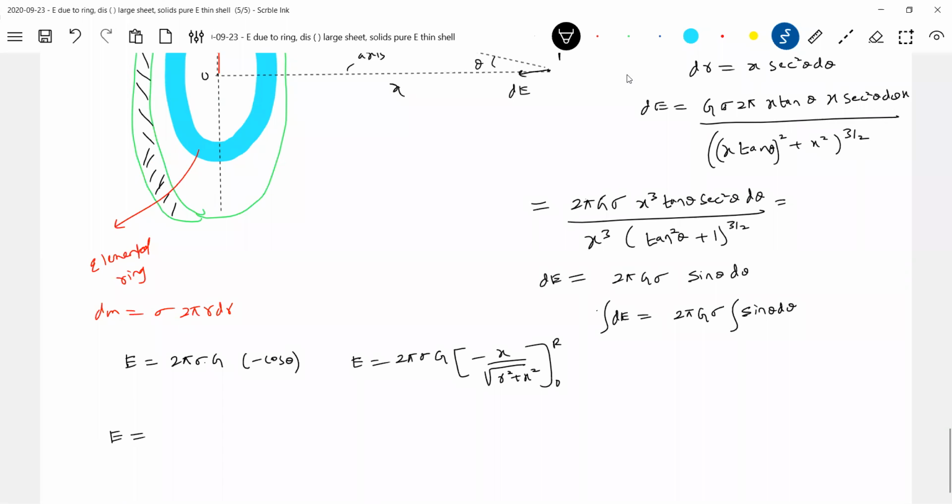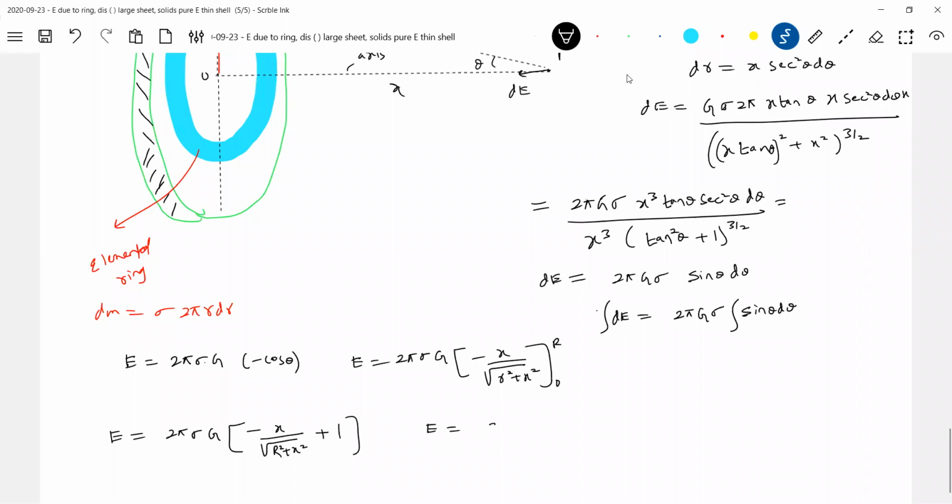So E is equal to 2 pi sigma g. Put x equal to, put small r equal to 0, and we will end up with this plus 1.